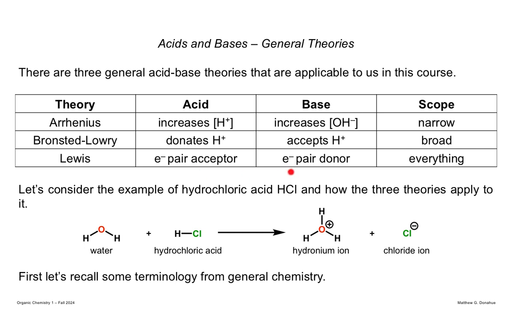A Lewis base donates them. And what you'll find if you think of the Lewis definition, it jives with Bronsted and Arrhenius once you start seeing how they compare. So Lewis is, again, the most general, and any other theory will fall under it.